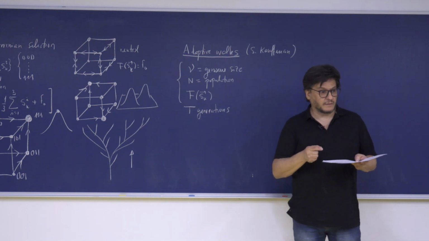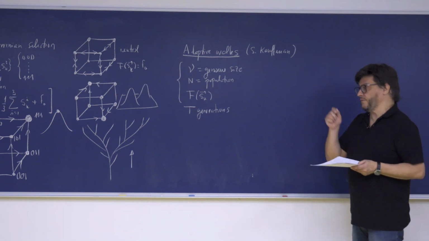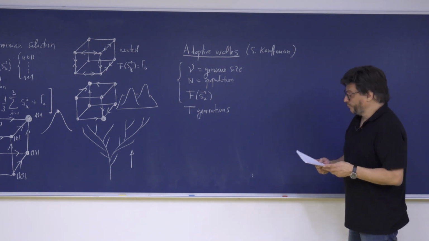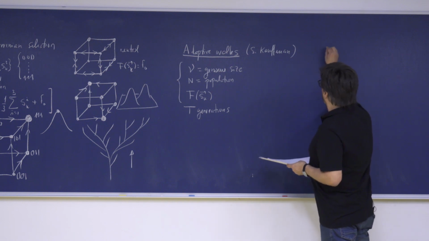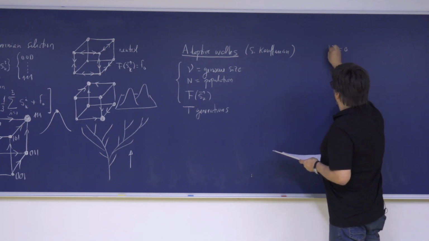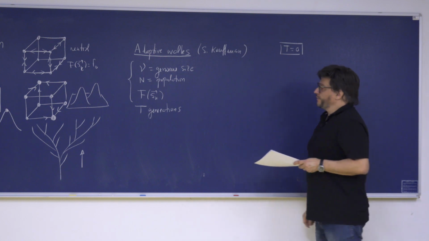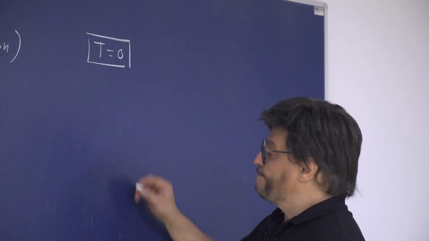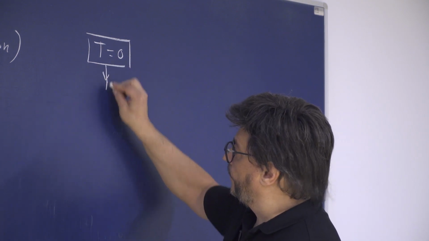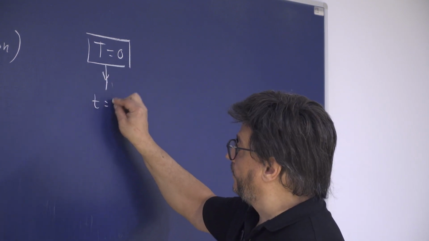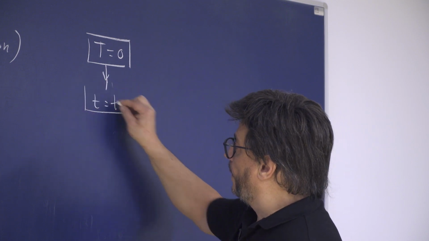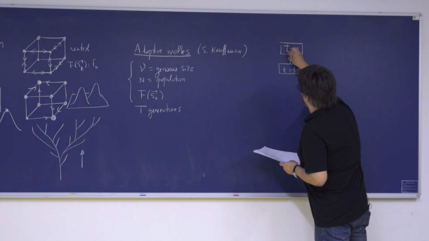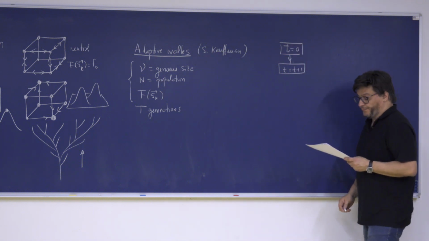Let's write this down in terms of an algorithm, a flow diagram. We can do this in the following way. We start with this counter. It's going to count the number of generations. I increase this, sorry, this is t, excuse me, t small.